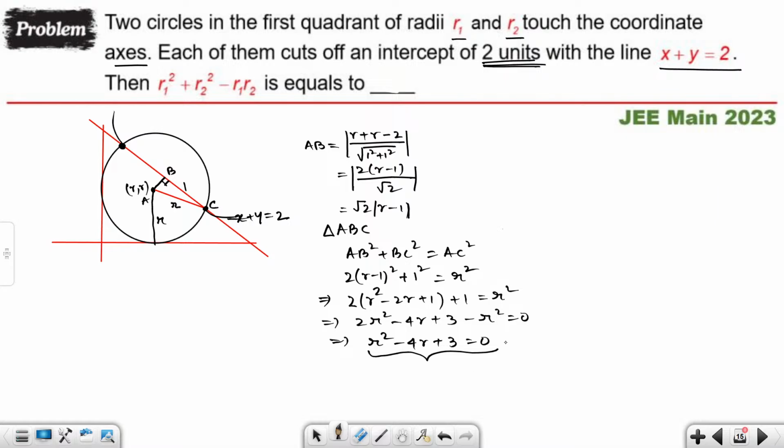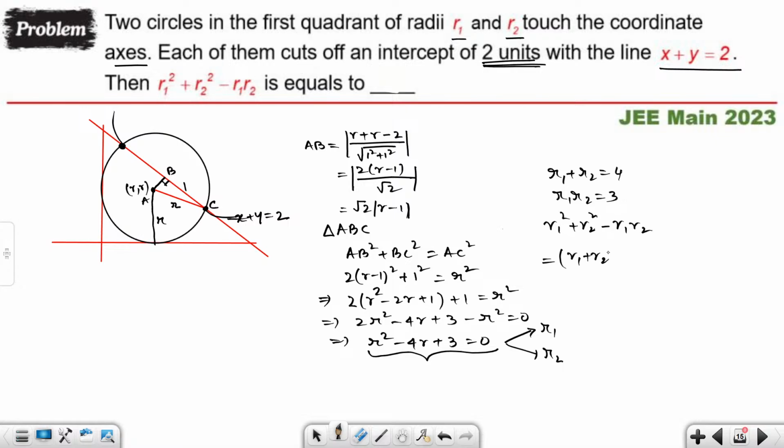So from here we are going to have the two roots as R1 and R2. So from here we can write R1 plus R2 is 4, the sum of the two roots, and the product of the two roots is 3. Is it clear? So now we have to find the value of this expression.